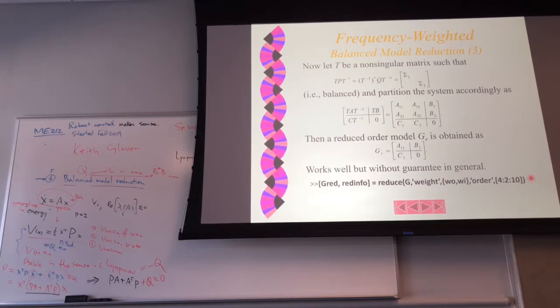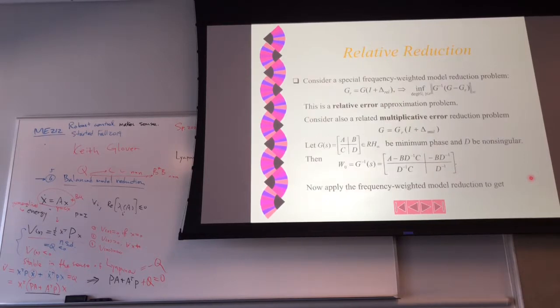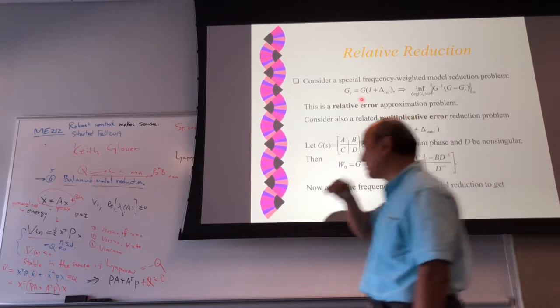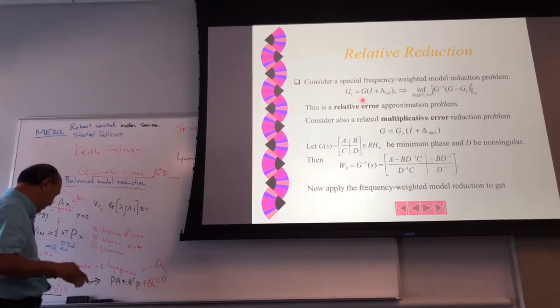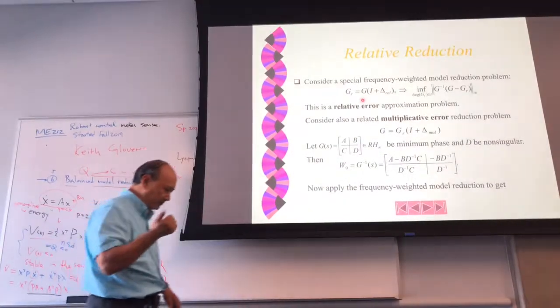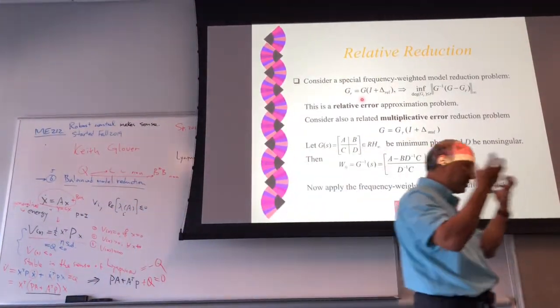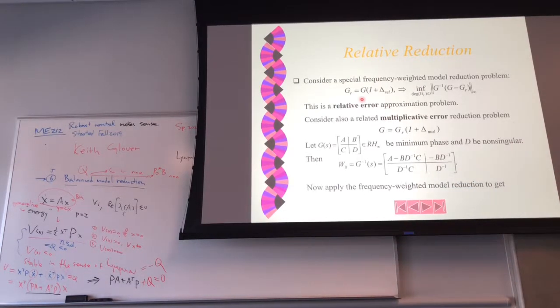We're going to continue the discussion about relative reduction. What we have said so far is called additive: G plus delta G. The uncertainty we talked about, the plant with plant uncertainties, is called additive uncertainty.